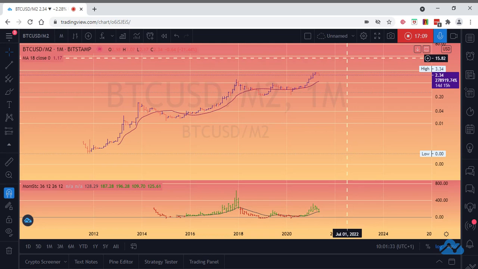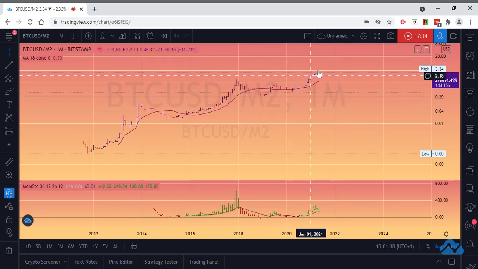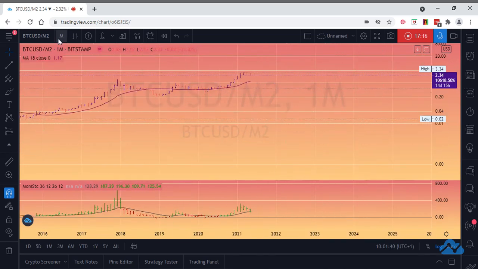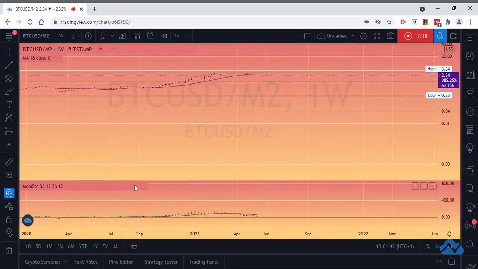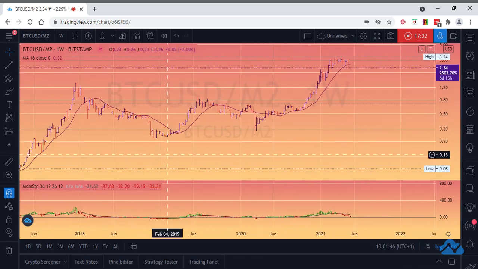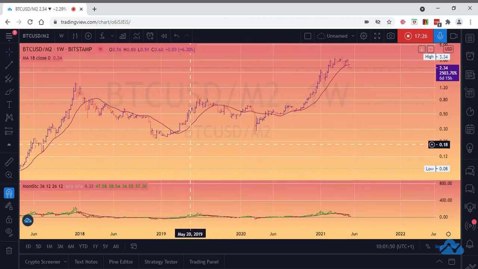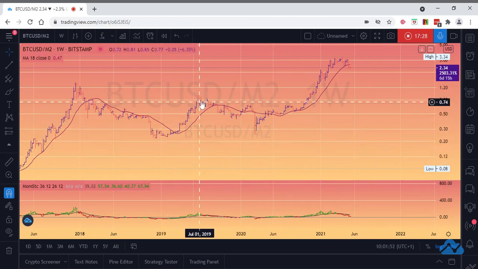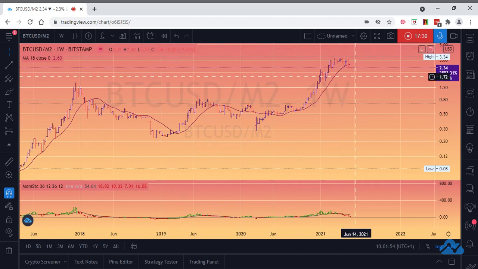Where will Bitcoin be in basically a year's time, if this is wave 5? If this is wave 5. 1, 2. This is off the wave 5. 1, 2, 3, 4.